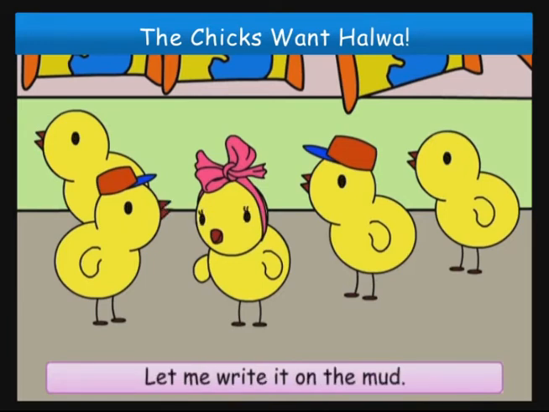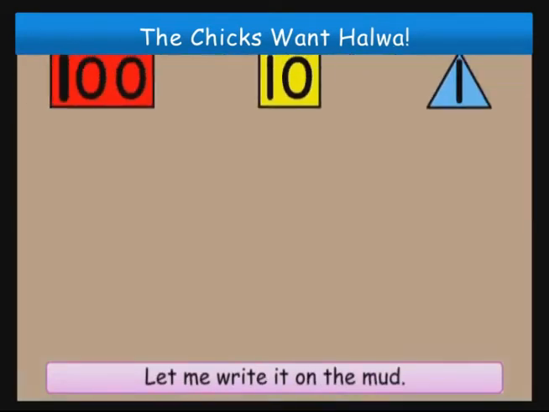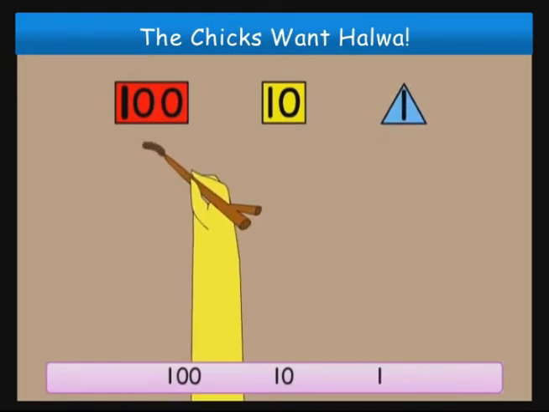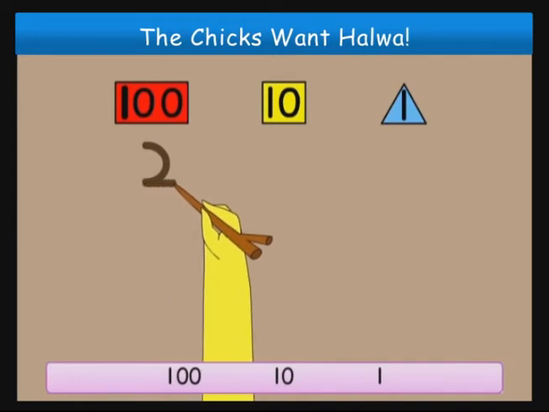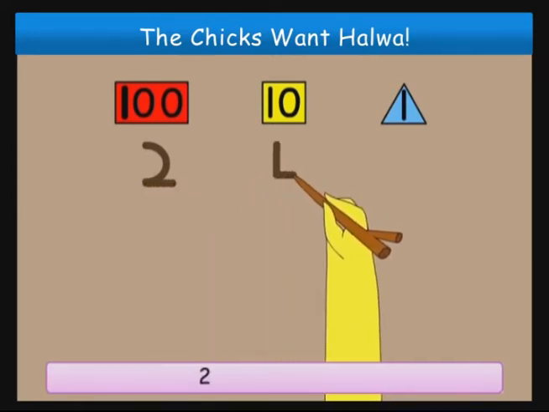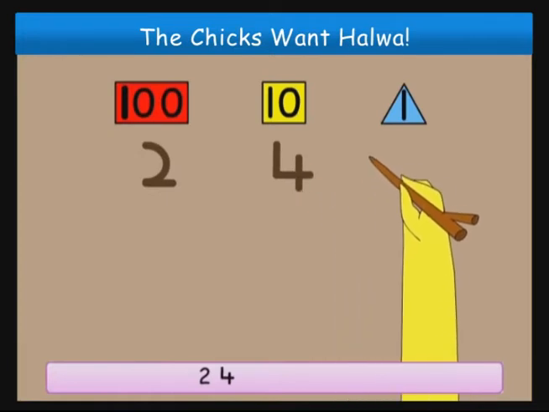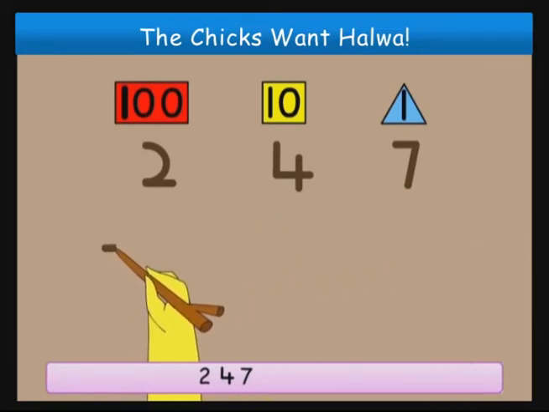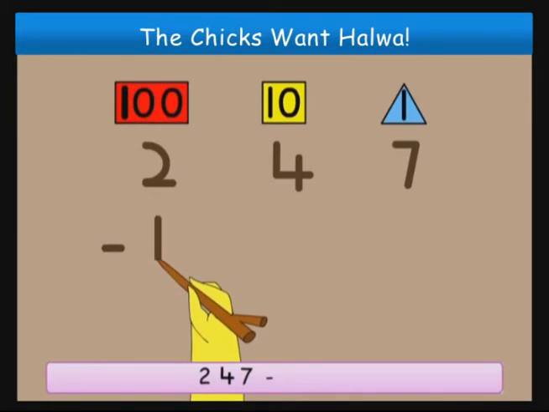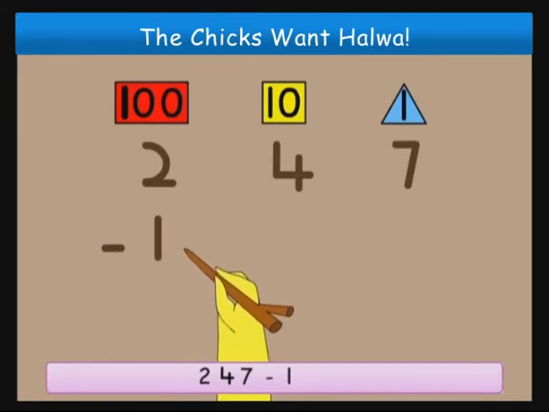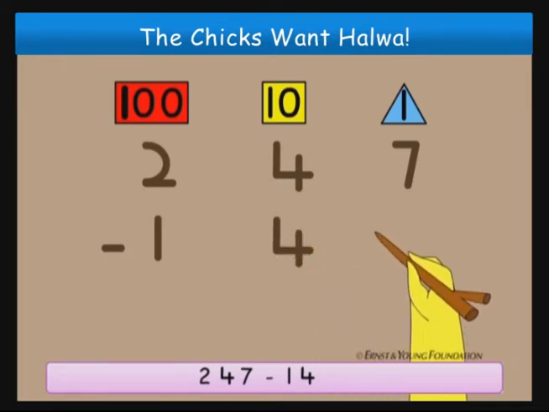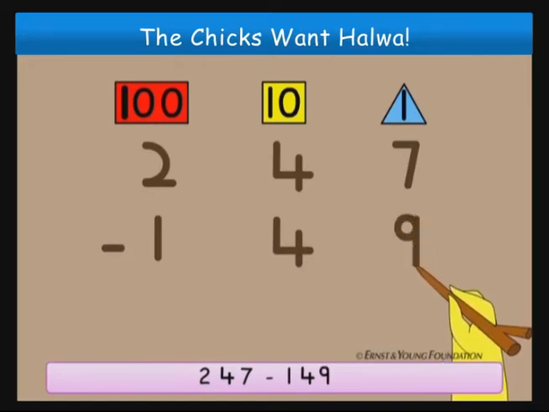Let me write it on the mud. 100, 10, 1. 2, 4, 7, minus 1, 4, 9.